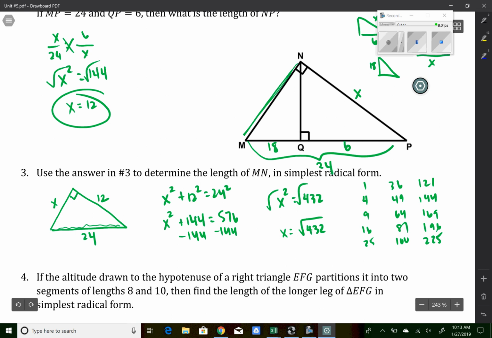So the process for simplifying this bigger number is I'm trying to divide 432 by the numbers on that list backwards until I get one that works. If I try 225, it comes out to be a decimal. If I try 196, it's a decimal. 169, another decimal. But 144 works. So I could say x equals the square root of 144 times 3. But the square root of 144 is 12, so my answer is 12 square roots of 3.